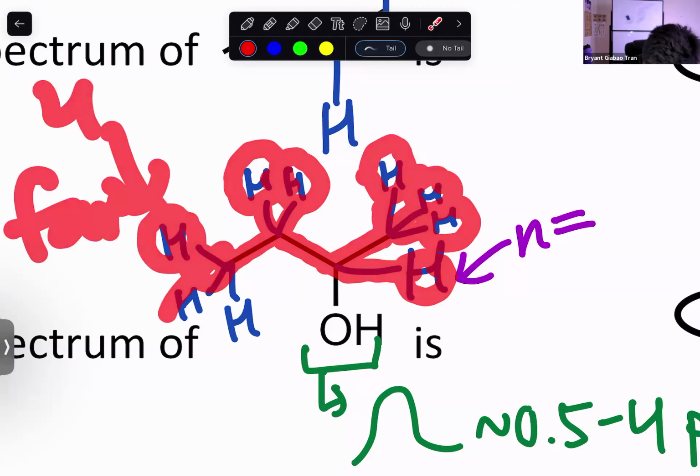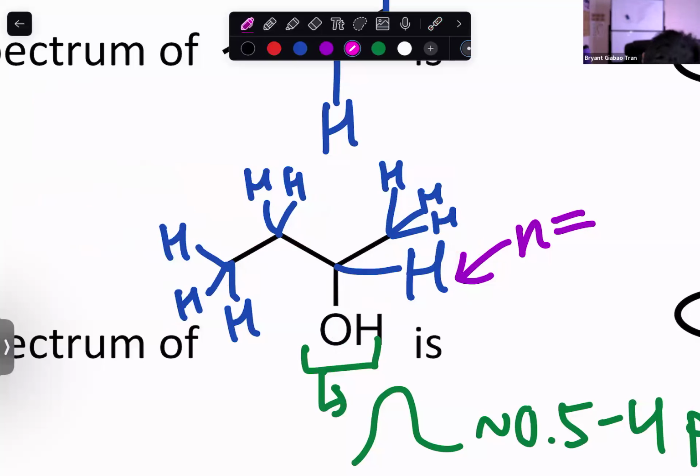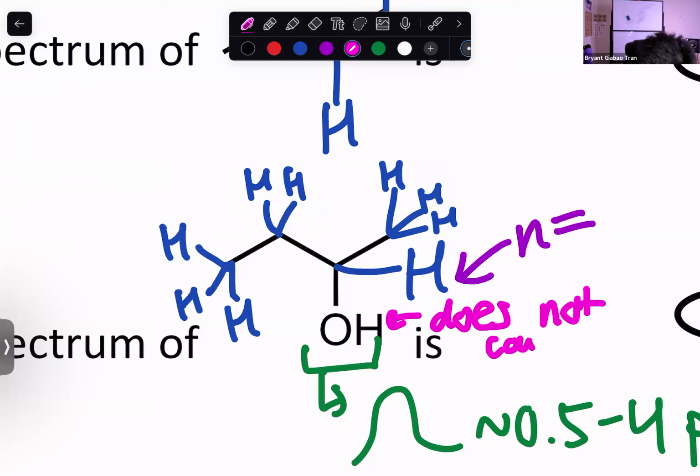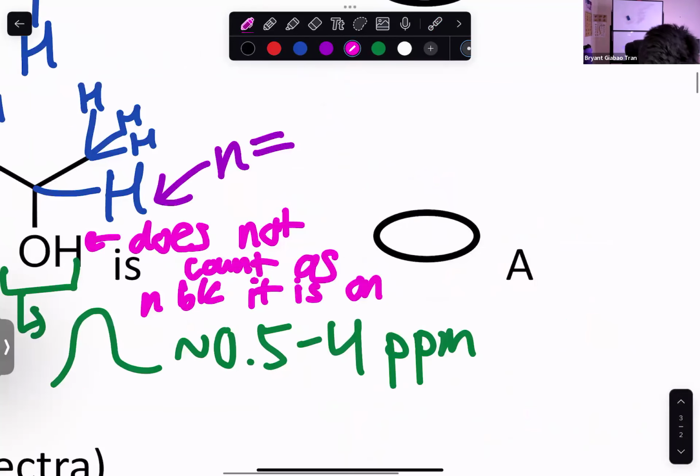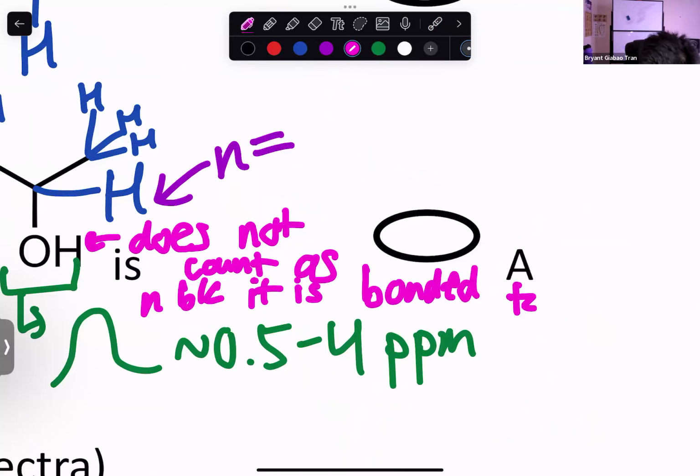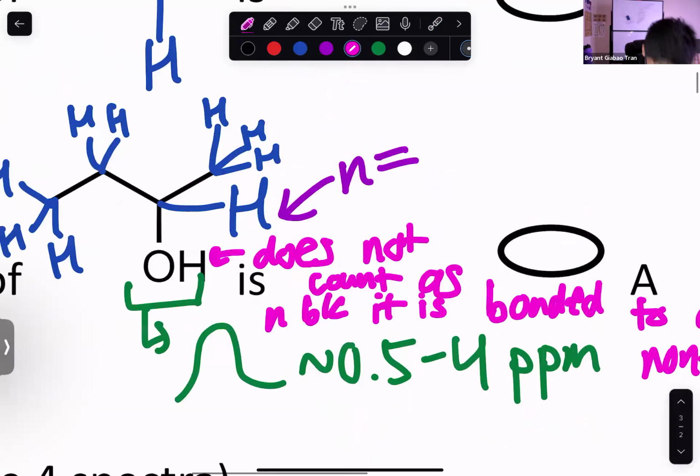If you try going down, 1, 2, and then the third bond will land on a hydrogen, this hydrogen here does not count as a neighbor because it is attached to a non-carbon atom, a heteroatom.